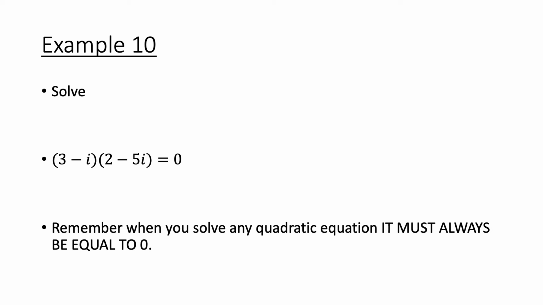Right, next one. This one says solve. Now I've put this one in there, guys, as like a little rule actually. So remember that quadratics always have to be equal to 0. So if it factorizes, not all quadratics will factorize. So it's either this equals 0 or this equals 0. So either 3 minus i is equal to 0, or 2 minus 5i is equal to 0.